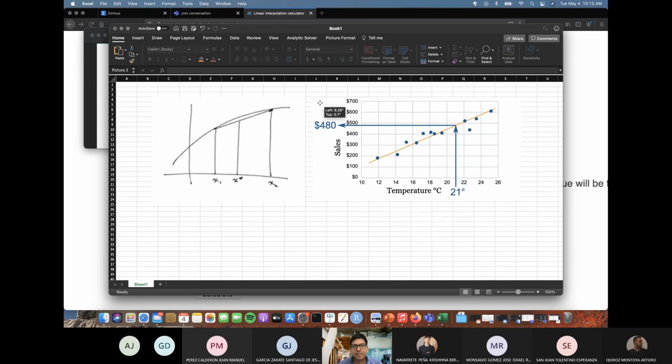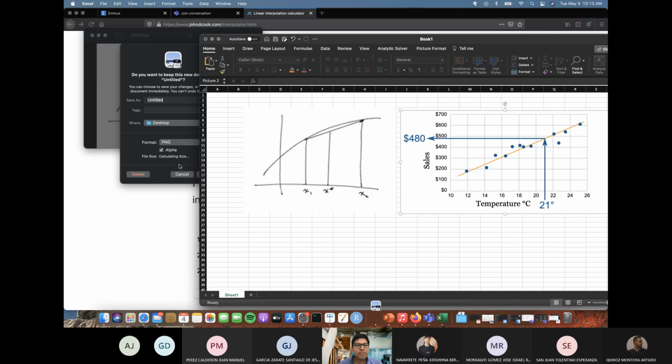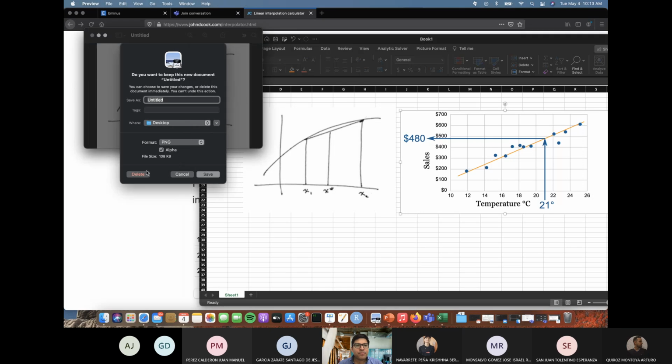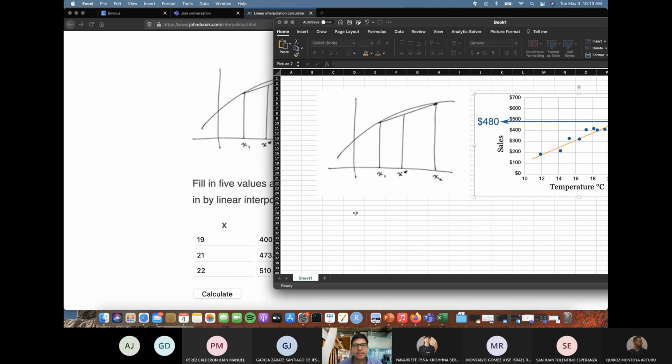And then the values we use in this example, in this calculator. So we use 19, and then 400, 21, and 22, and then 410.